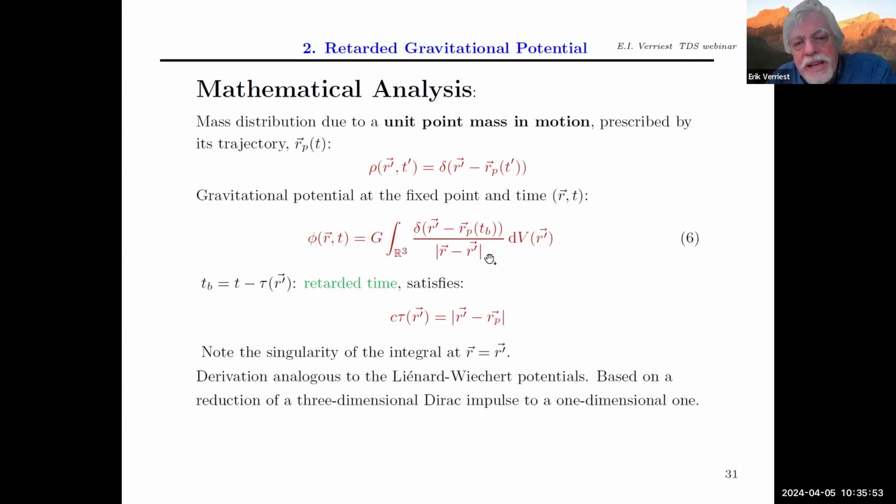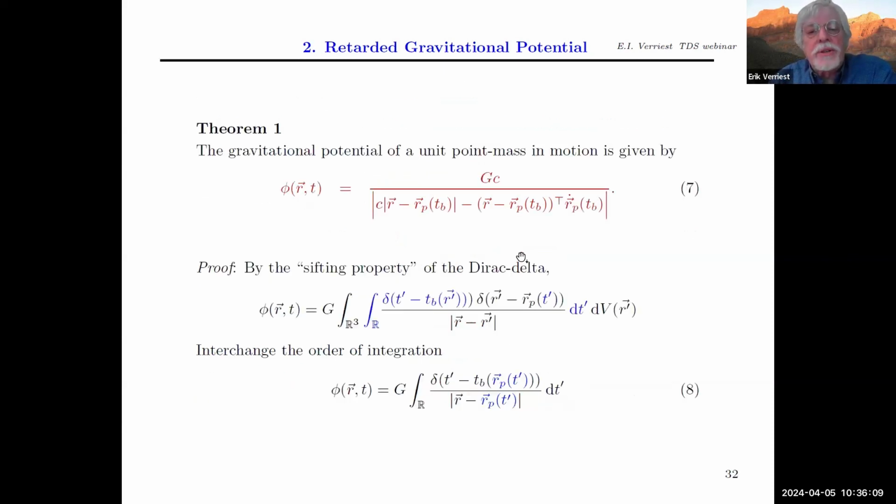So you actually make this more complicated by taking a four-dimensional integral, including space and time, changing the order of integration, and then reducing that four-dimensional integral to a one-dimensional time integral. So that's what I will do here.